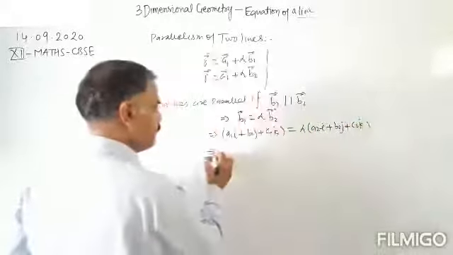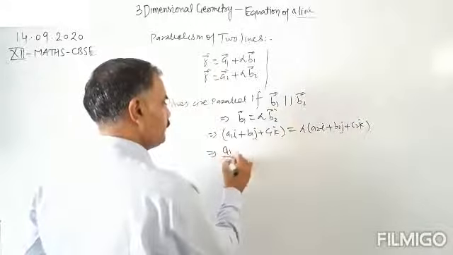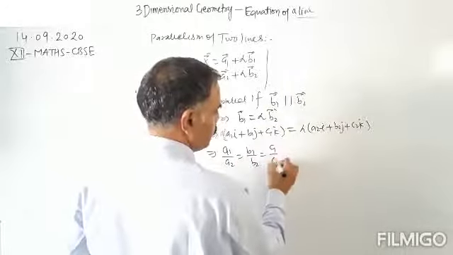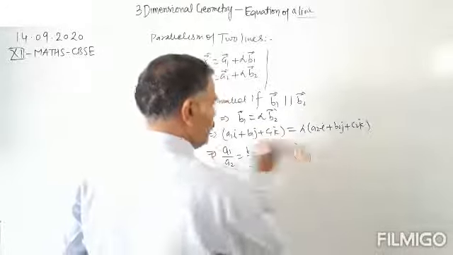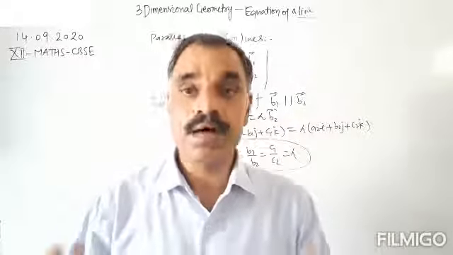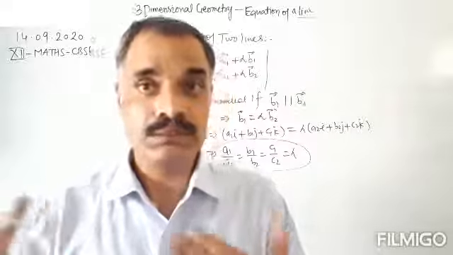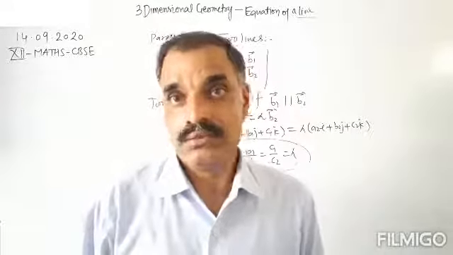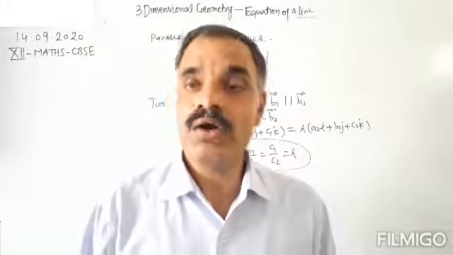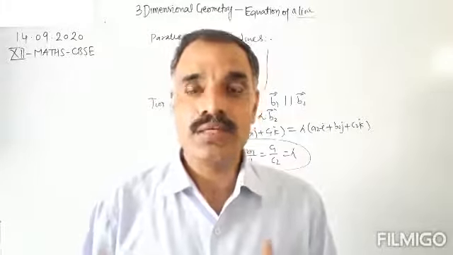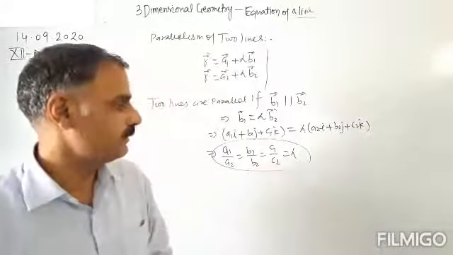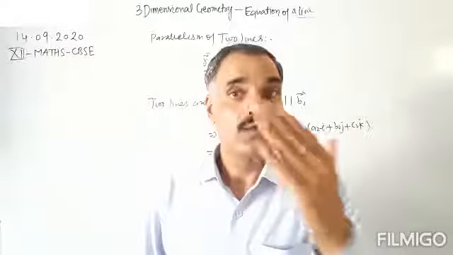After solving this, we have a1 upon a2 equals b1 upon b2 equals c1 upon c2 equals lambda. So the ratio of their corresponding parts should be proportional. Two lines are parallel if their vectors are parallel or the ratio of their corresponding parts is proportional.